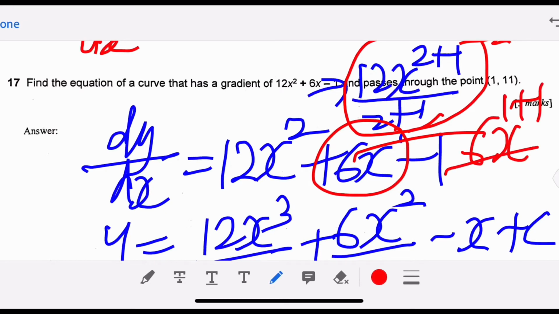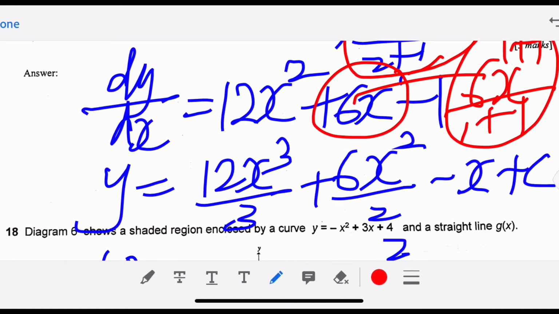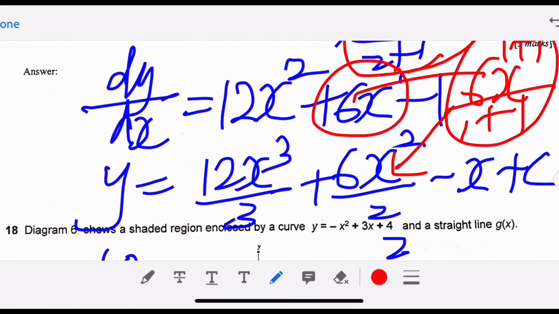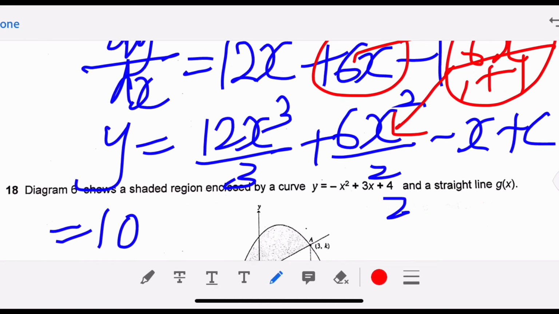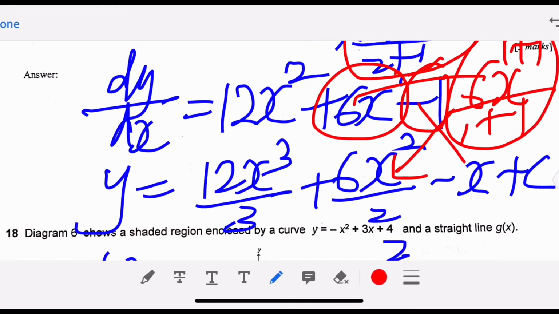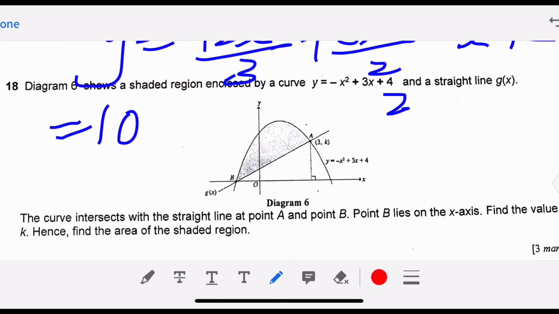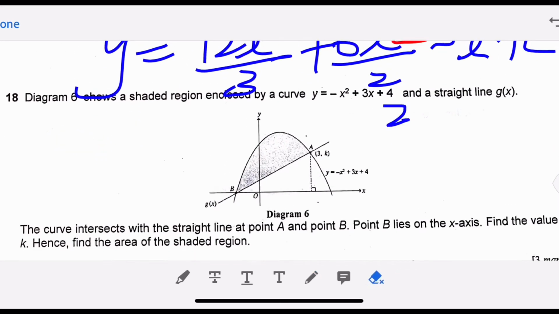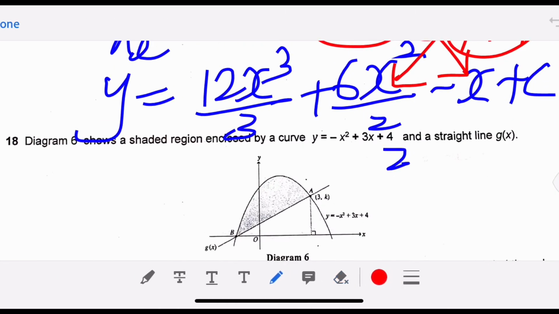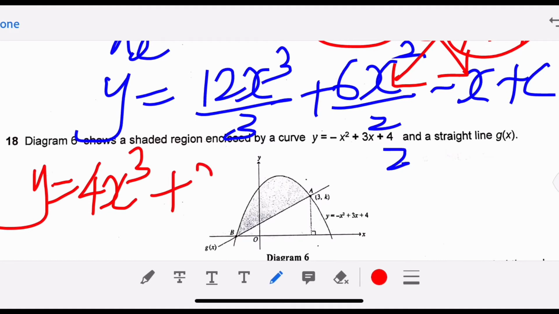So that is how you integrate. The power will be raised by 1 and you divide by the power raised by 1. When you integrate a number, you get the number with x. If you integrate 1, you get 1x, minus 1, you get minus x. Plus c, don't forget.